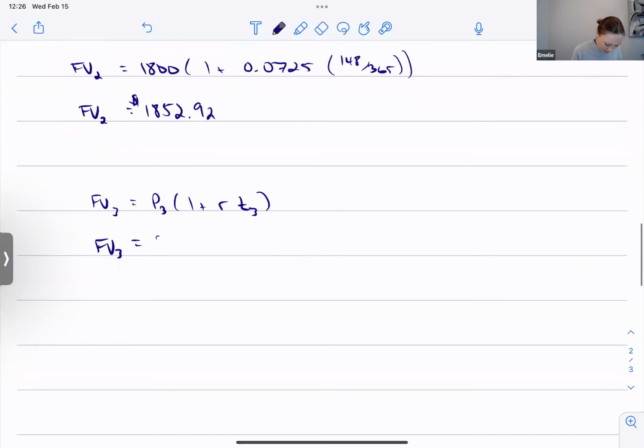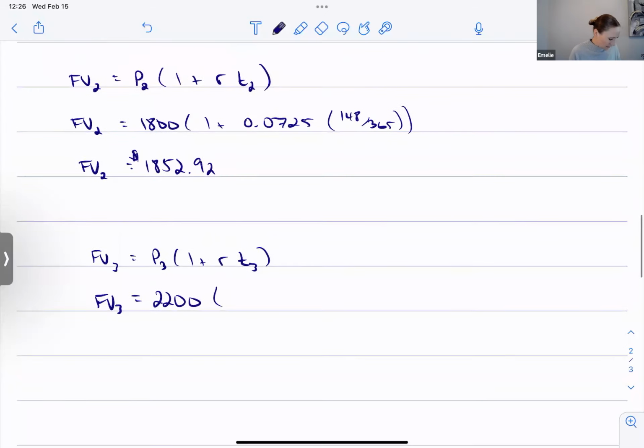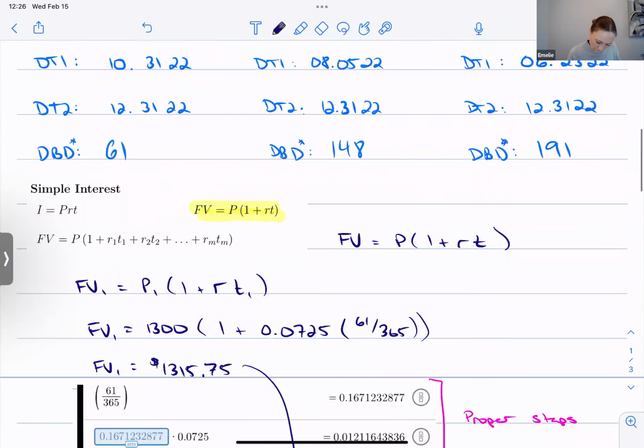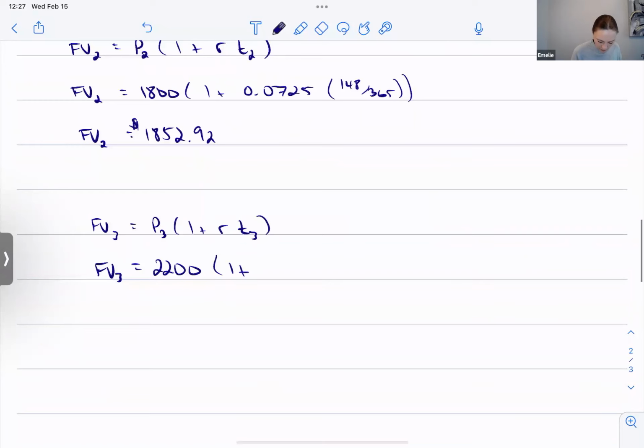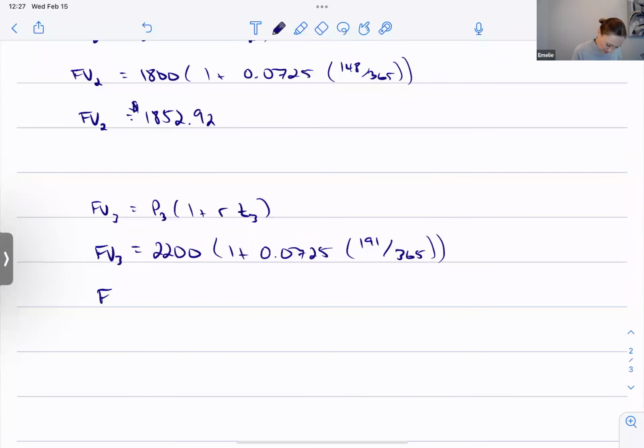And I have it here. It was $2,200, I think, for 191 days. Times 1 plus 0.0725 times 191 over 365. And that becomes 2,283.46.